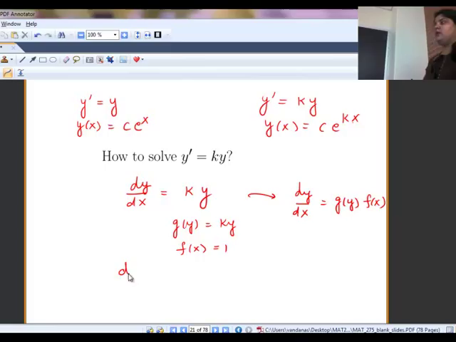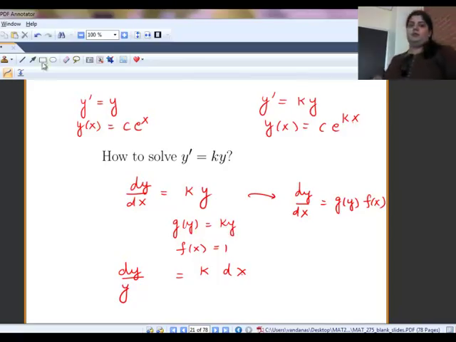So what I will do, I will isolate y, or put y all together and x all together. Now by this kind of writing, I am assuming gy to be only k. I am not assuming gy to be ky.